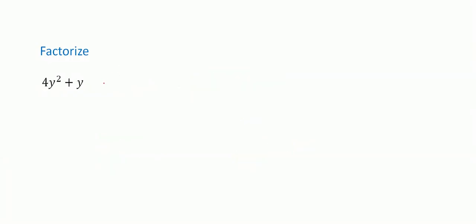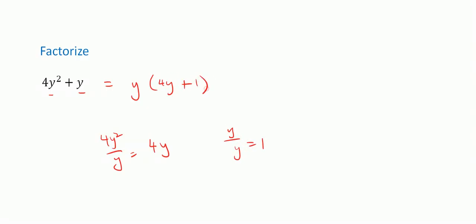Let's look at another one. The only thing we have common in this case is the y terms. So the HCF of y squared and y is really y. So to get the first term, it'll be 4y squared over y, which would give us 4y. To get the second term, it'll be y over y, which will give us 1. So this will just be plus 1.